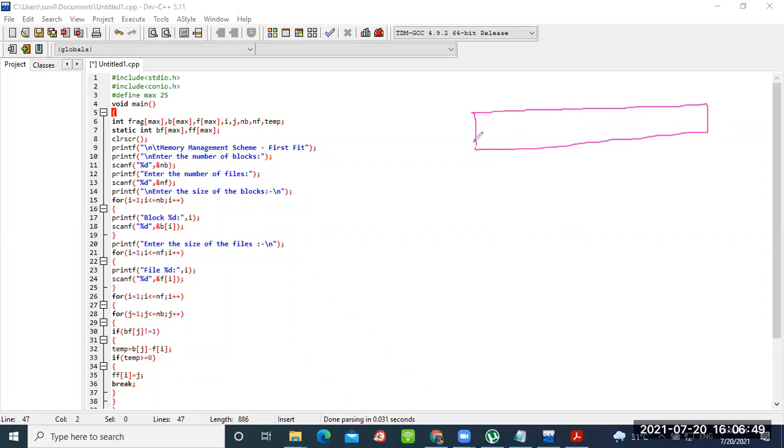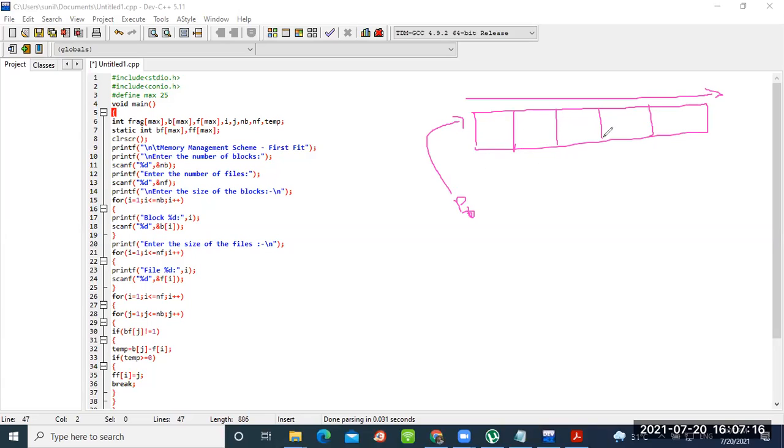I will have my memory blocks here. Now I will take a process. Suppose the process P0 or P1, any process is requested. I will start from the very first process. I will scan this entire block, and which block will be allocated? The block which is large enough.